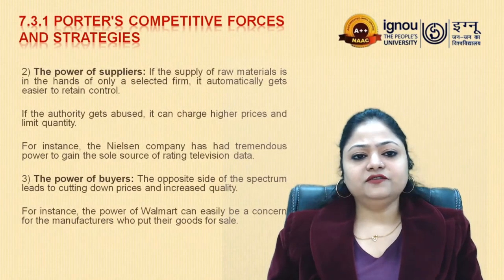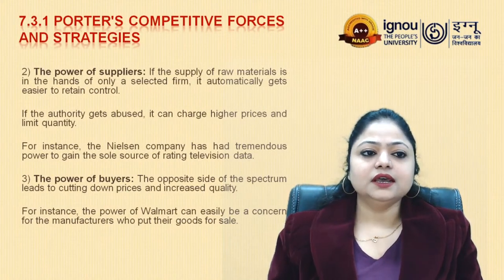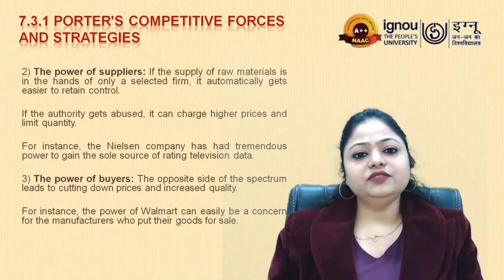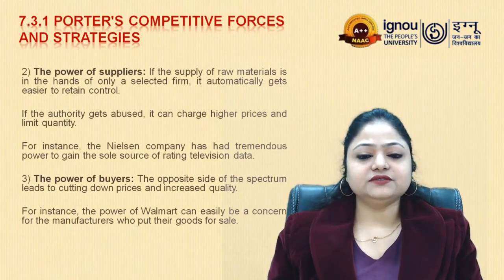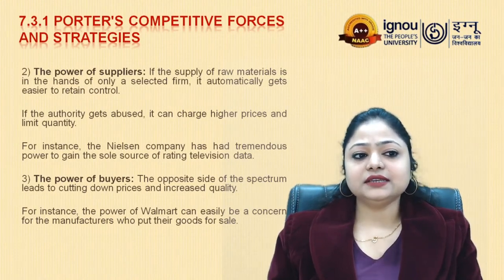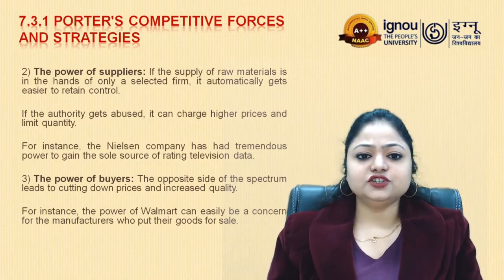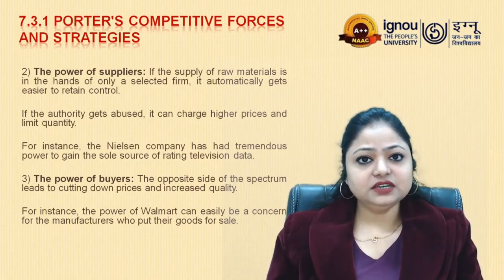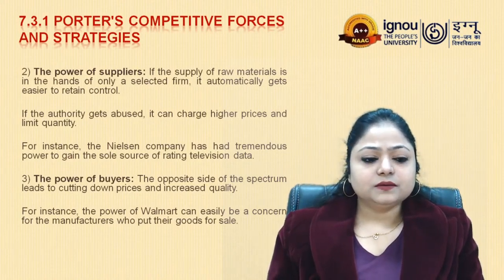So, another factor in this Porter's five forces model is the power of suppliers. If the supply of raw material is in the hands of only a few selected firms, then automatically those suppliers find it easier to retain control. If the authority gets abused, they can charge higher prices and limit the quantity because they are few in number.